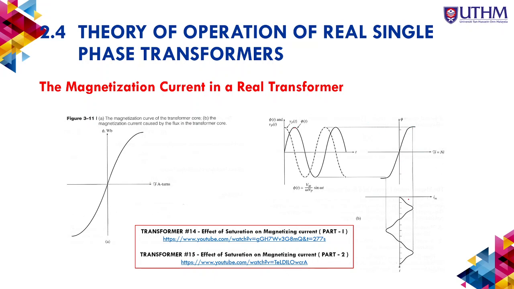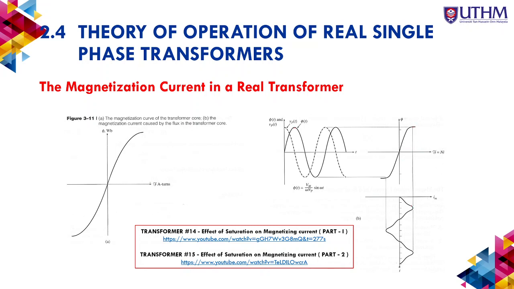Okay, at the same time we also try to draw the current, because of the current induced and also the current supplied. When the flux increases up to the saturation region, the maximum current will also be reached. The flux will be sinusoidal here, moving up and down like that. It will go through the magnetization curve.